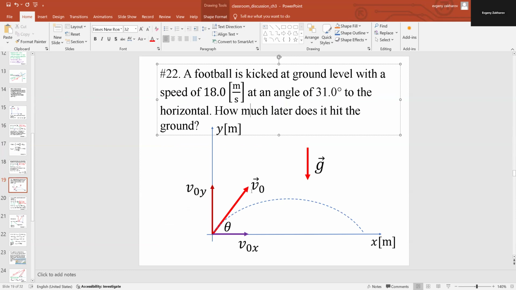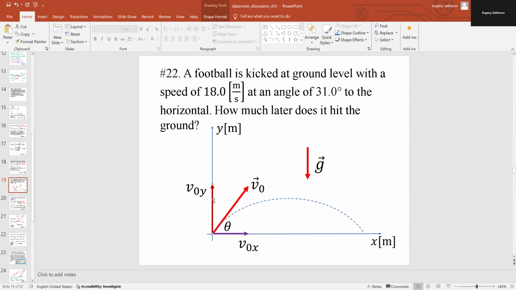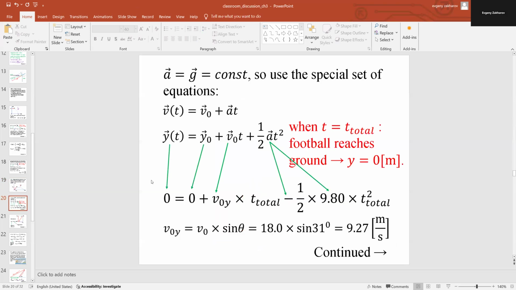When you have an initial velocity at an angle, so it has both x and y components, and the trajectory is a parabola, an upside down parabola, and there is an acceleration that is a free fall acceleration of 9.8 facing downward towards the center of the Earth. And once again, it doesn't matter what's given, what's missing. We say acceleration is constant, and we're going to use two equations, one for velocity and one for position.